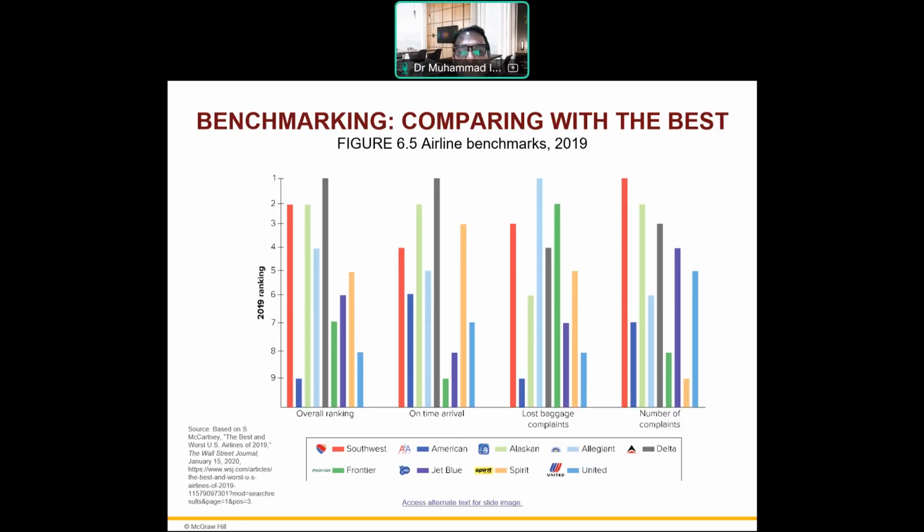Okay, here's the benchmark. Benchmark, in simple meaning, I can say in the market. Suppose I'm going to launch a new mobile company. What will I think, what company will be the benchmark for me? Yes, Apple, the top leader. I will try to copy.